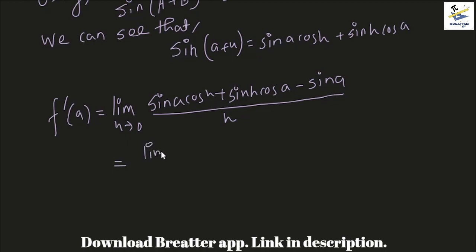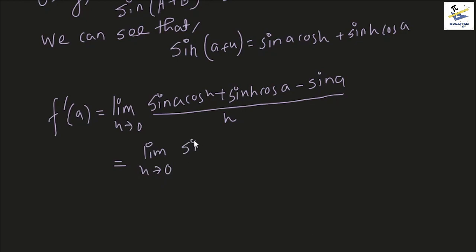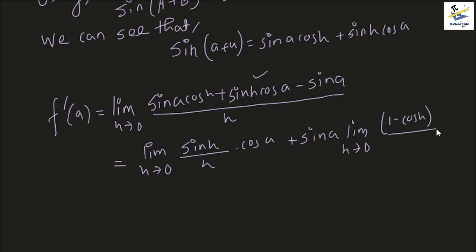So what we can do is take limit h tends to 0 of sin h by h into cos a. We can just take the second term here, and take the first term, sin a, common, and write limit h tends to 0 of cos h minus 1 by h, right?